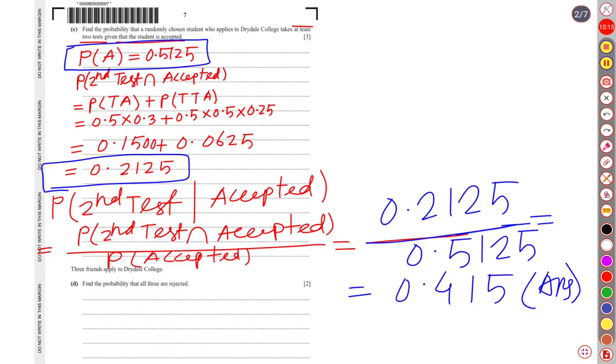Without any restriction is actually this accepted, obtained from the solution of part B. If a randomly chosen person is accepted, the probability is 0.5125. Then if he was supposed to take the second test and then accepted, it is second test intersected by accepted. And I have explained here how to find this value. Well, let's move on to the immediate next question.